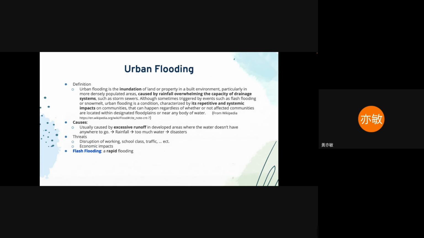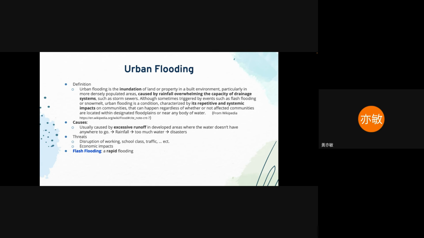So that is why urban flooding is an issue today, because it probably does not cause serious casualties, but it will cause serious damage to our facilities, because during the flooding period, you can do nothing about that.